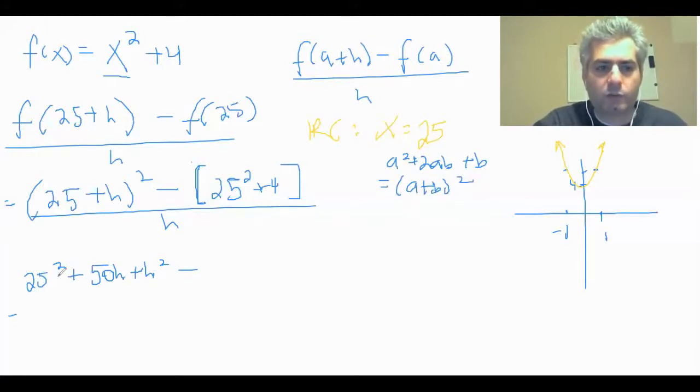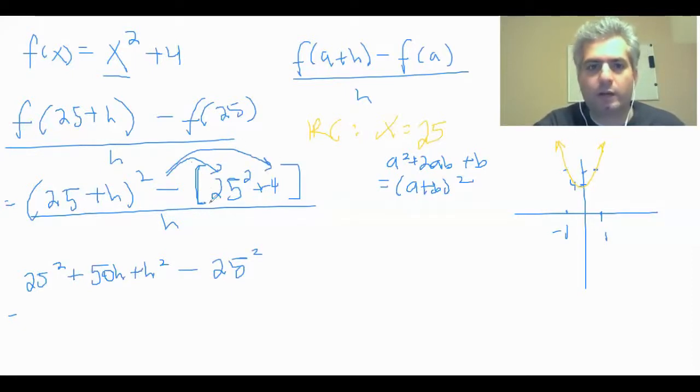So we have 25 squared plus 50h plus h squared plus 4, minus 25 squared. Then the negative distributes to the 25 squared, and also to the 4, which is minus 4.